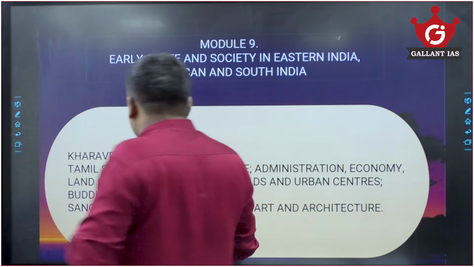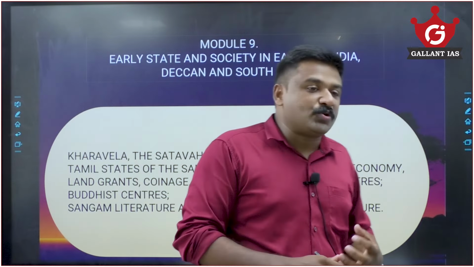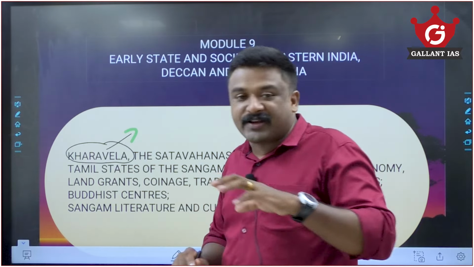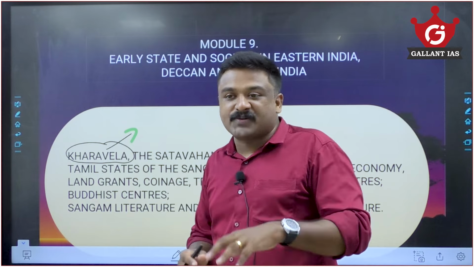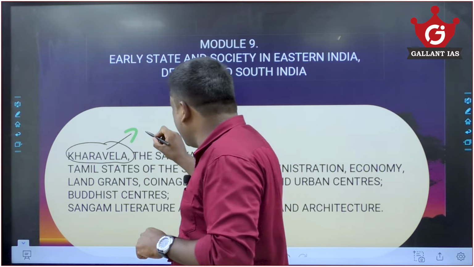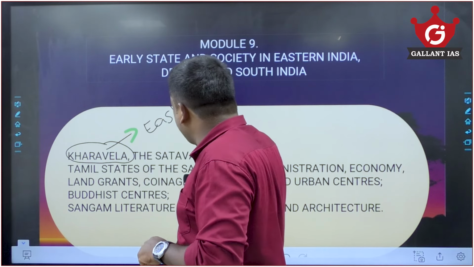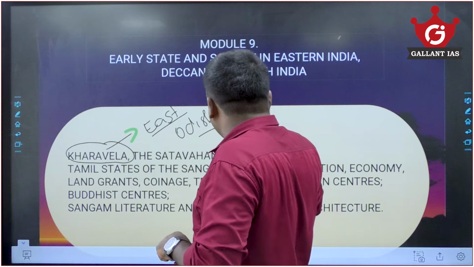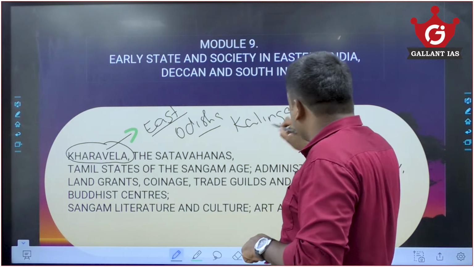Okay. So, some keywords: what all things you have to take care of when you study this particular module. Yes, we must have a case study of the achievements, failures, contributions, etc. of Kharavela. He is the ruler of the East, of Odisha, or let's say the Kalinga state.